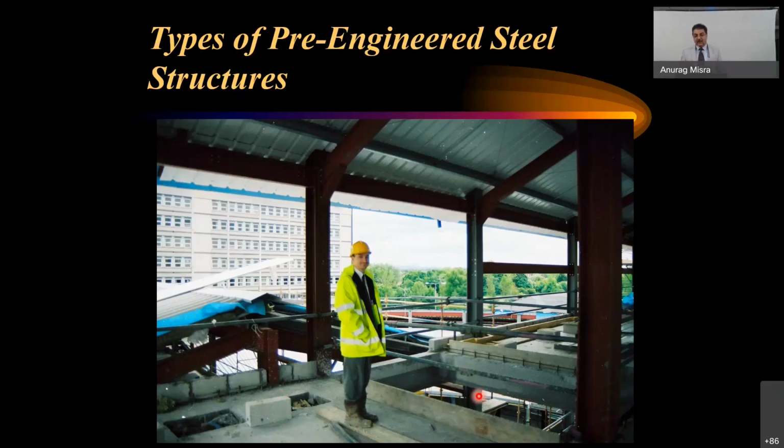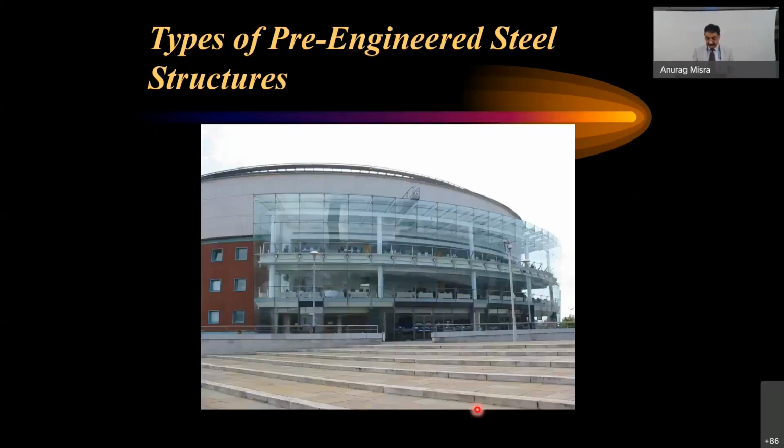So normally, when you are going for pre-engineered and precast structures, many times these two are combined together to get the benefit of both the technologies. So these are stairs, and in Europe or the United States, these are very common things: people don't cast the stairs. They get precast ones and just assemble them there.